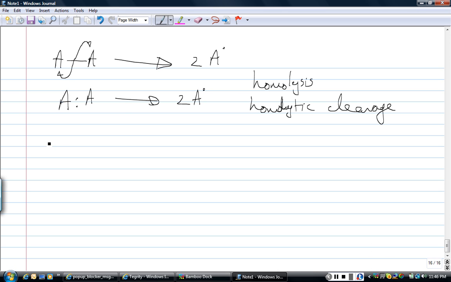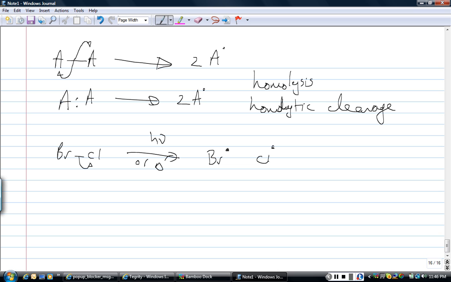So for example, if I take the interhalogen BrCl and I expose that to light or to heat, what I'll end up with is the cleavage of the BrCl bond to give Br dot and Cl dot. Notice in that case, the bond is not entirely nonpolar. There is a slight dipole on the BrCl bond, but it's only a slight dipole.